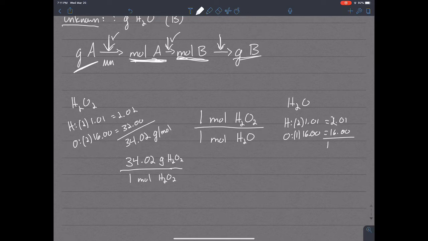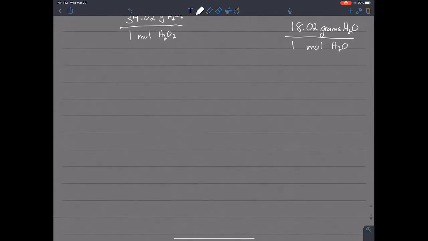Hopefully you caught that. It should be 2.02 plus 16, so 18.02 grams per mole, which again is crucial because we can say 18.02 grams of water for every 1 mole of water. Okay, now we have our 3 conversion factors that are going to allow us to do what we need to do here. So let's write this whole thing out.